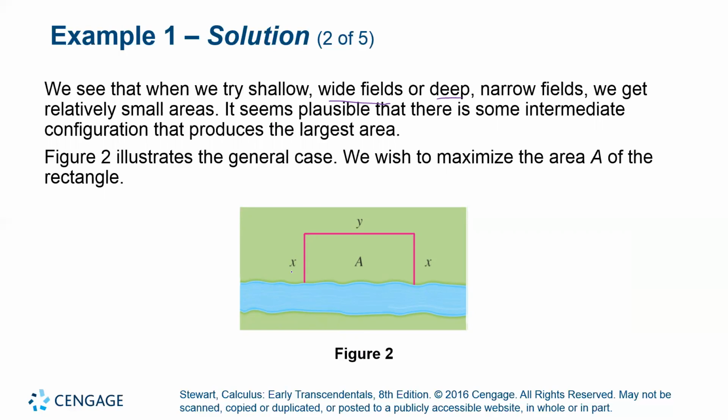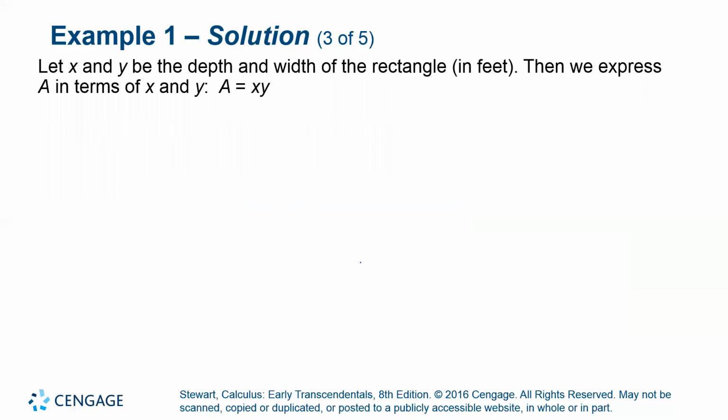Let the width equal X, and let the length be Y. So if it's a fencing, that's a perimeter right there. And then we also have the area. We're going to let X and Y be the depth and the width of the rectangle.